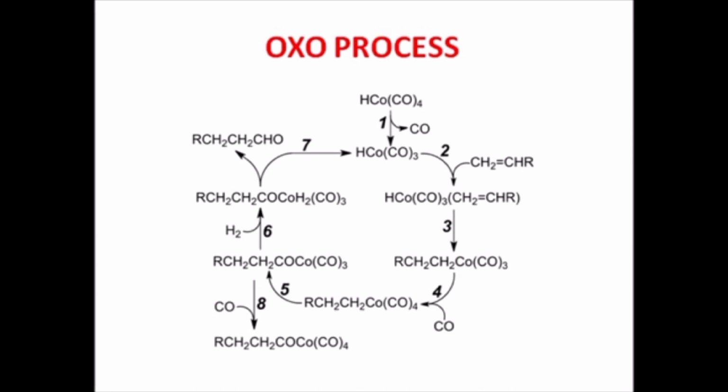But sometimes the reaction will end up not only with the alkane, but also with branched chain alkanes, and sometimes aldehydes and sometimes ketones. Okay, if these problems were not coming, then this would be a good catalyst for the hydroformylation process.